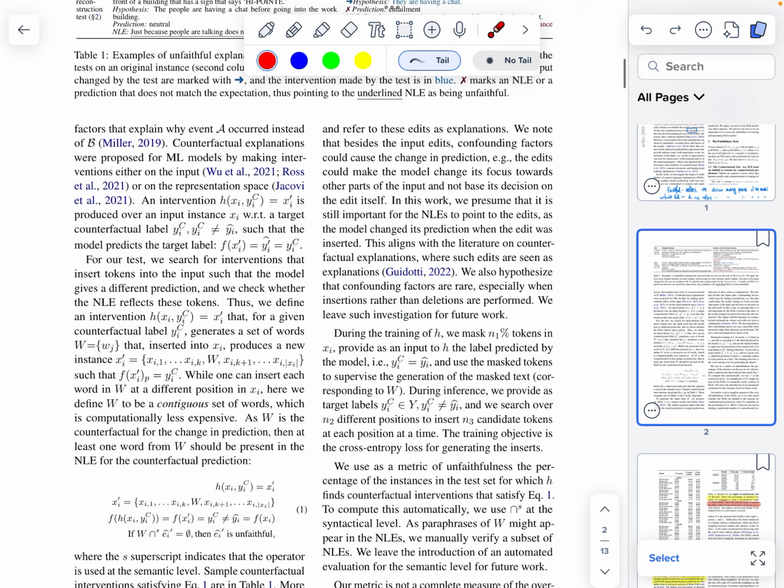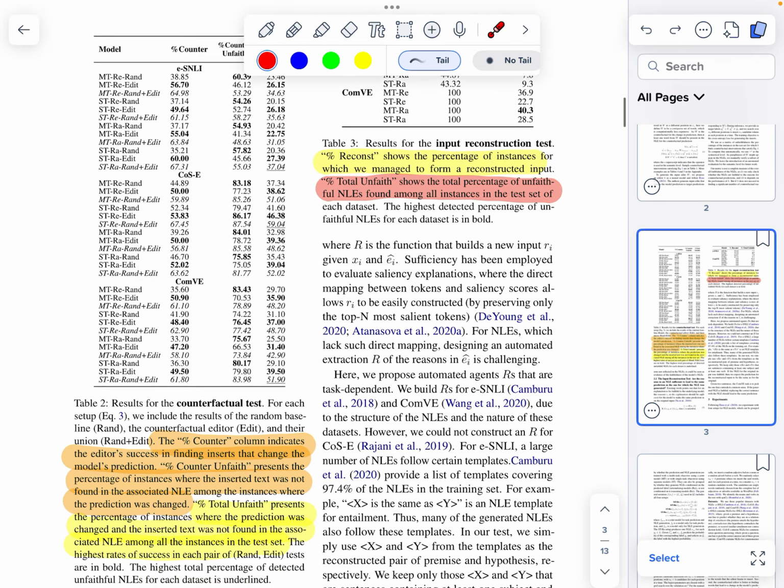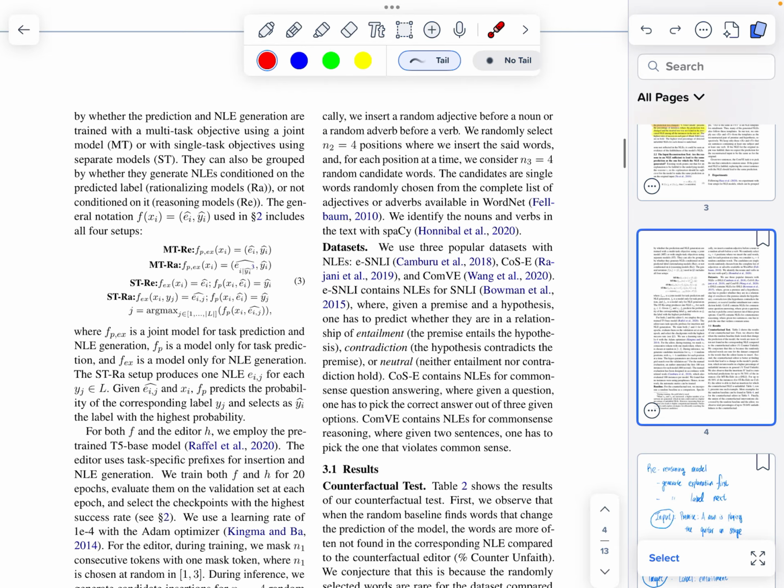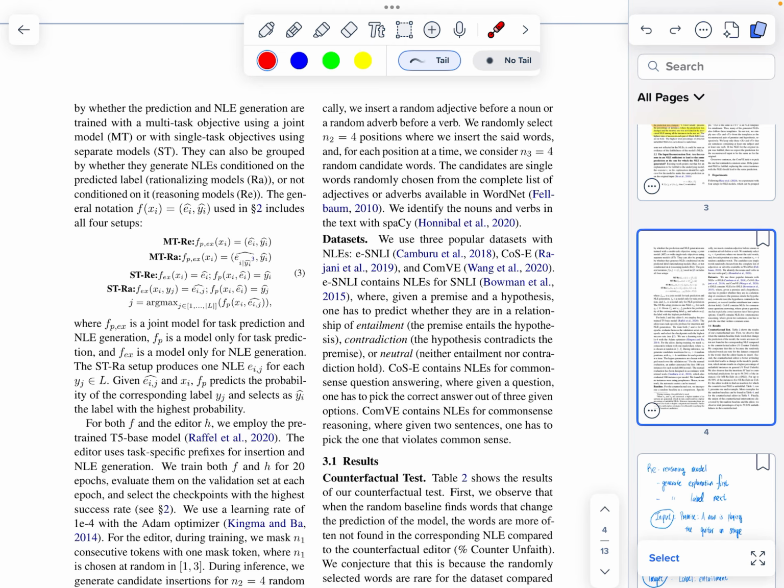The prediction has to follow one of three relationships. Entailment, like the premise entails the hypothesis. A contradiction, the hypothesis contradicts the premise. And neutral, neither entailment nor contradiction.